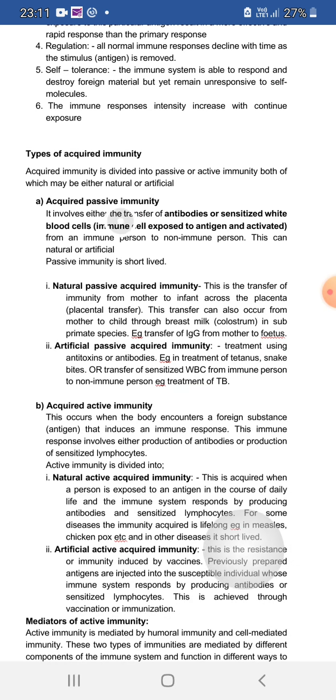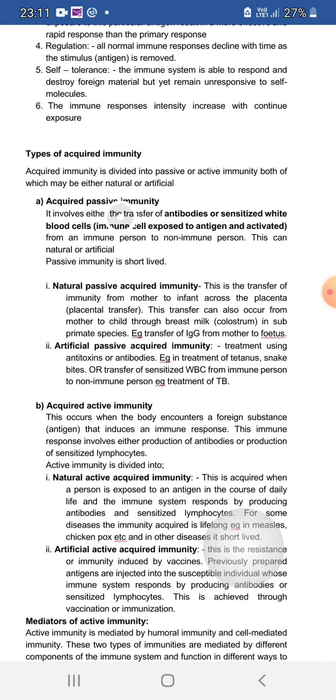Passive immunity is achieved by transfer, by transferring something to another place. Which means that other person is not actively involved in producing its own. It only receives. So it is being transferred.